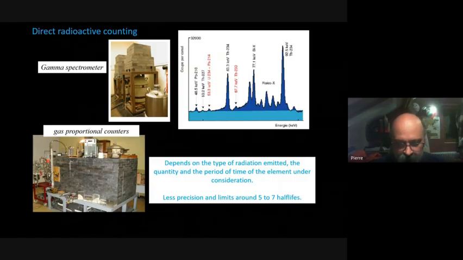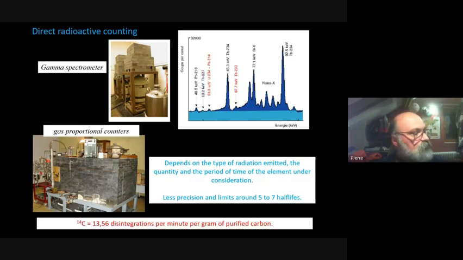So it gives you an idea of the amount of the element you try to determine, but it takes a lot of time, and you also need very large samples, a lot of material, to do this measurement. So that's why now we don't use this method.